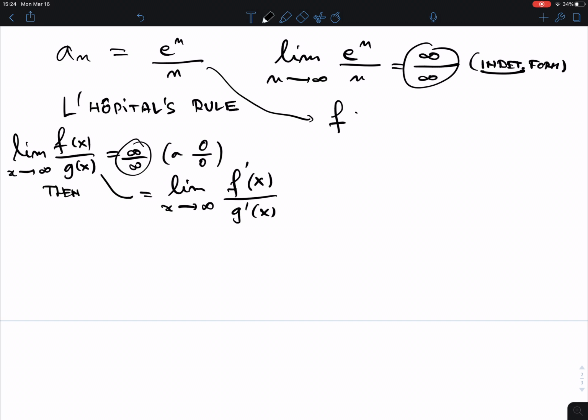The function that we have here is the function e^x over x. And so f of n is exactly a_n. So we say this sequence is mimicked or is given by an actual function. Be careful, that's not always the case.